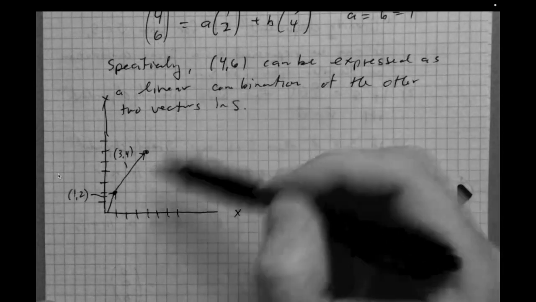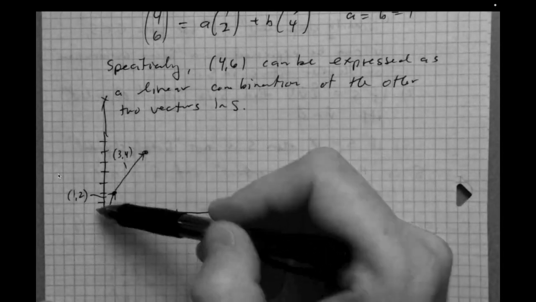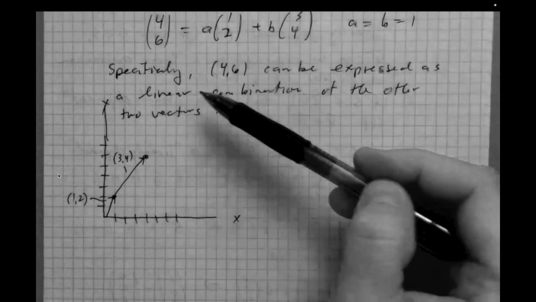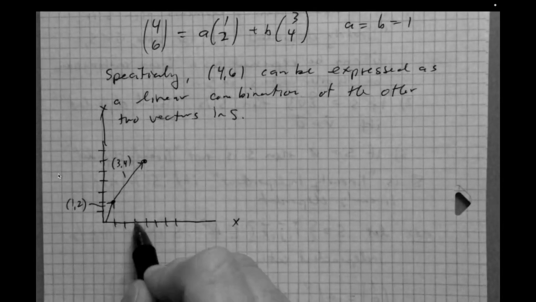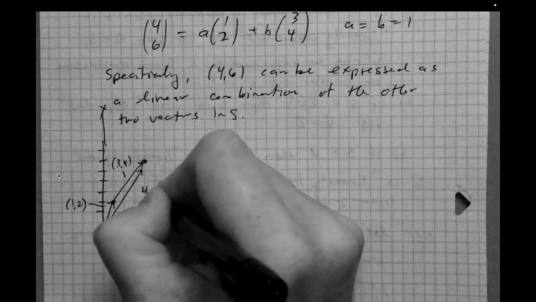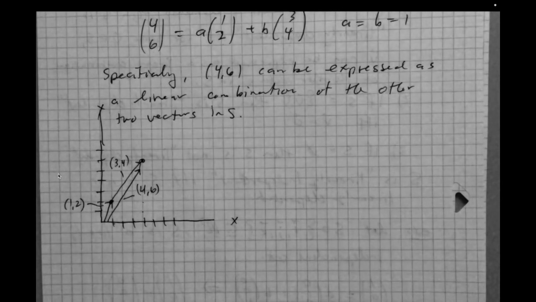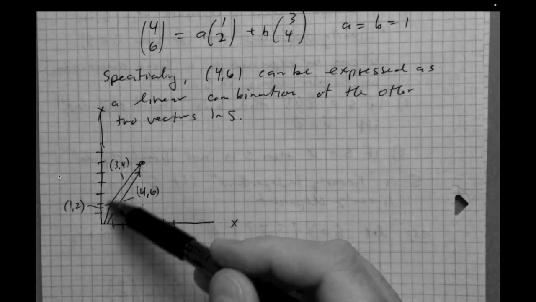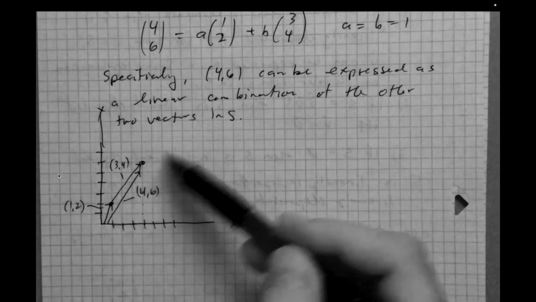And so you can see that (1, 2) plus (3, 4) geometrically will get you to the same place as (4, 6). So (4, 6) would be 1, 2, 3, 4 over, 1, 2, 3, 4, 5, 6 up. And so you could express that same vector geometrically as the sum of the other two in S. Now if our coefficients had been other than A, B equals 1, all that means is that some of these vectors are being stretched or shrunk, whichever the case may be.